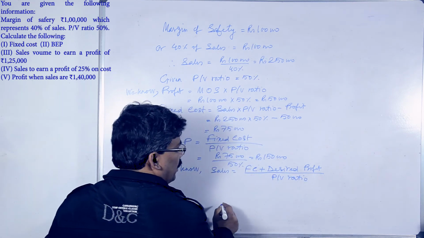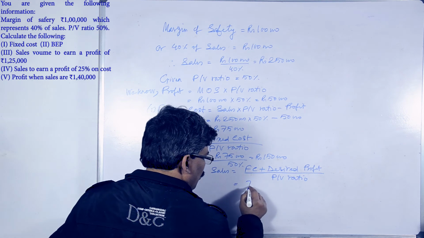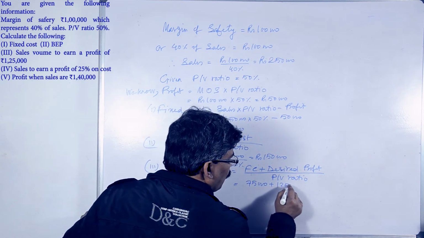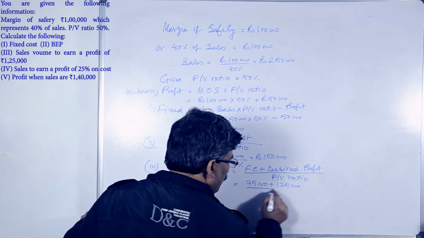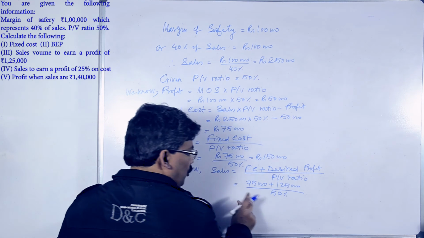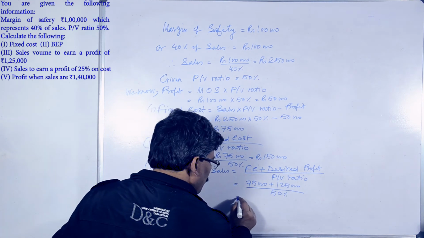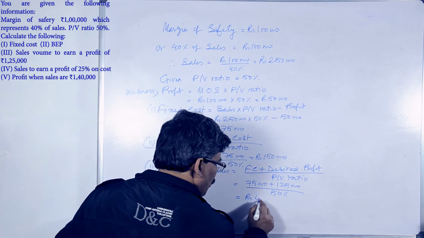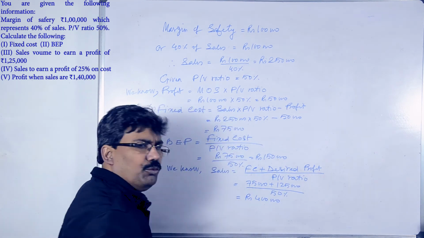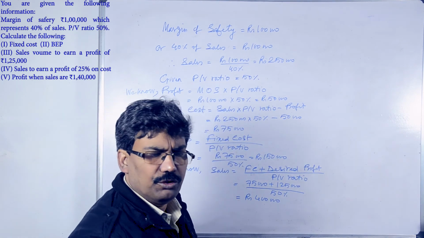Fixed cost we calculated as 75,000, and in this question desired profit is 1,25,000 divided by PV ratio is 50%. When this one is 2 lakh, by 50% means rupees 4 lakh. Then the sales volume should be rupees 4 lakh to earn a profit of rupees 1,25,000.